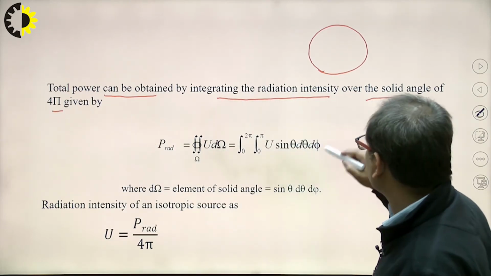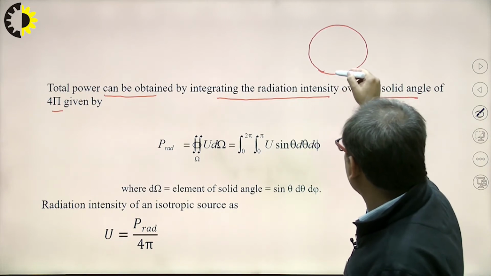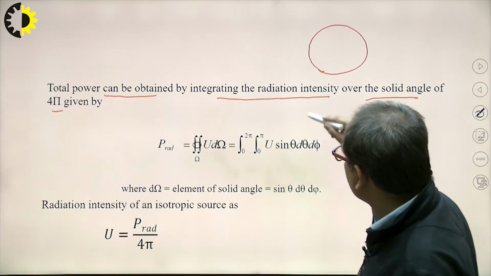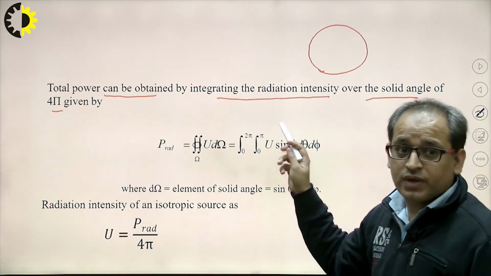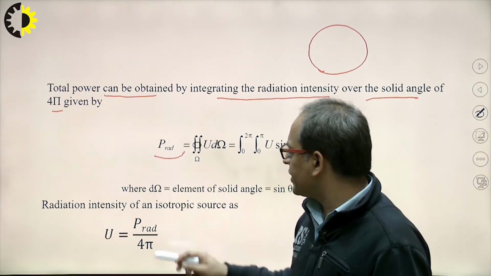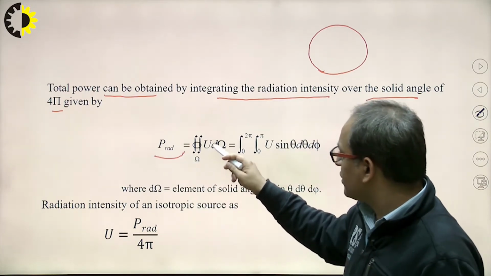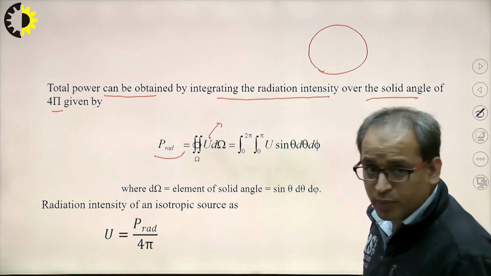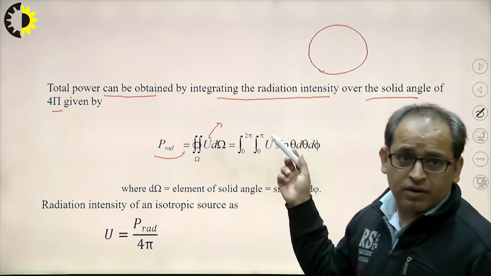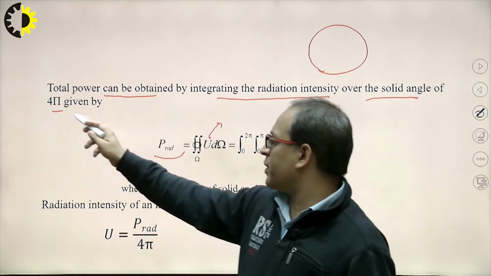The antenna is radiating over a whole sphere, so the total power radiated equals the integration of the radiation intensity per unit solid angle over 4 pi.